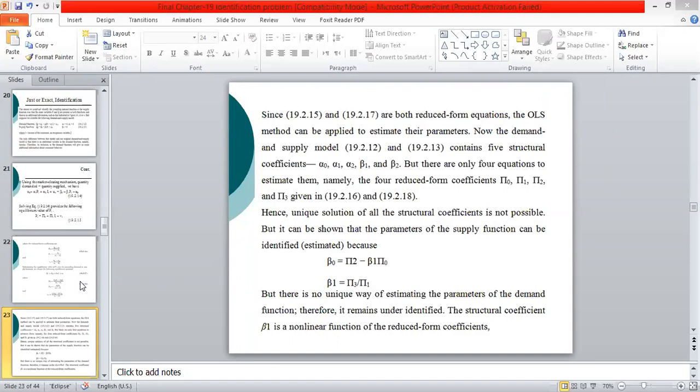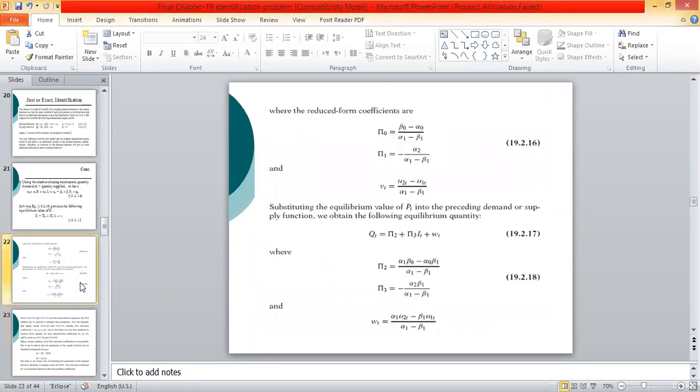This is pi 3, and this is pi 1, and these two are the reduced form coefficients. So by using these two reduced form coefficients, pi 1 and pi 3, we can determine the value of beta 1. How?